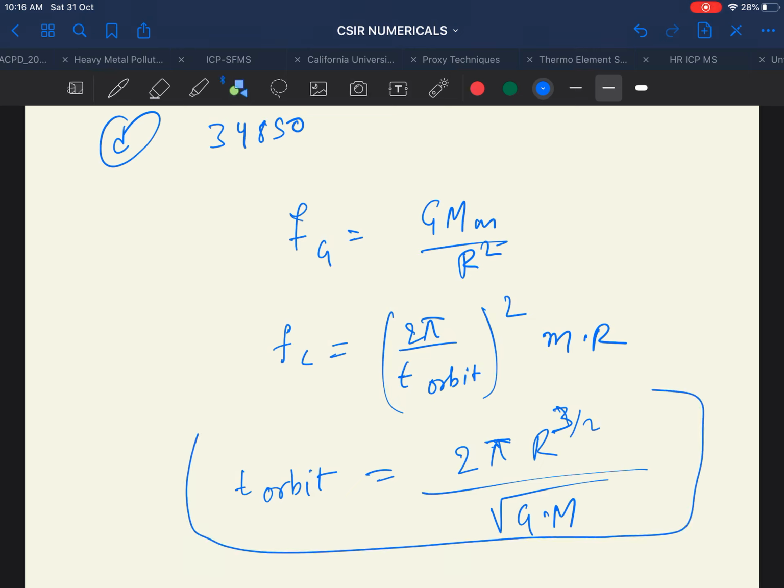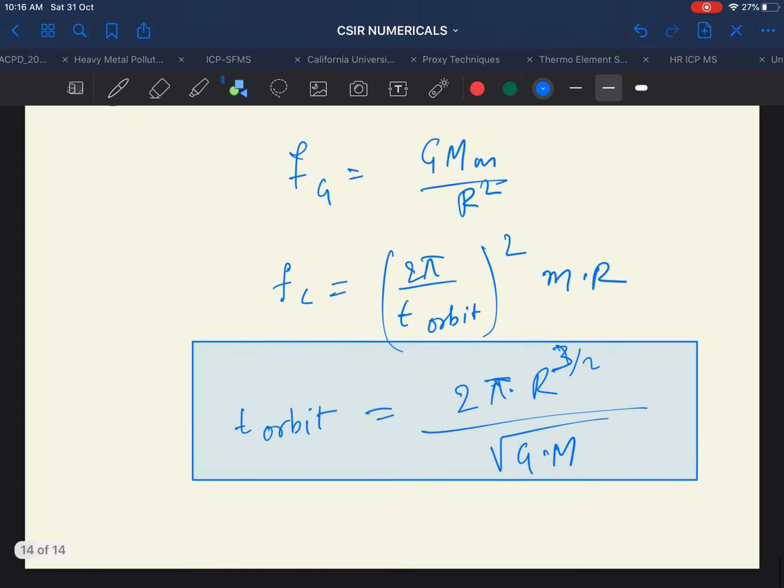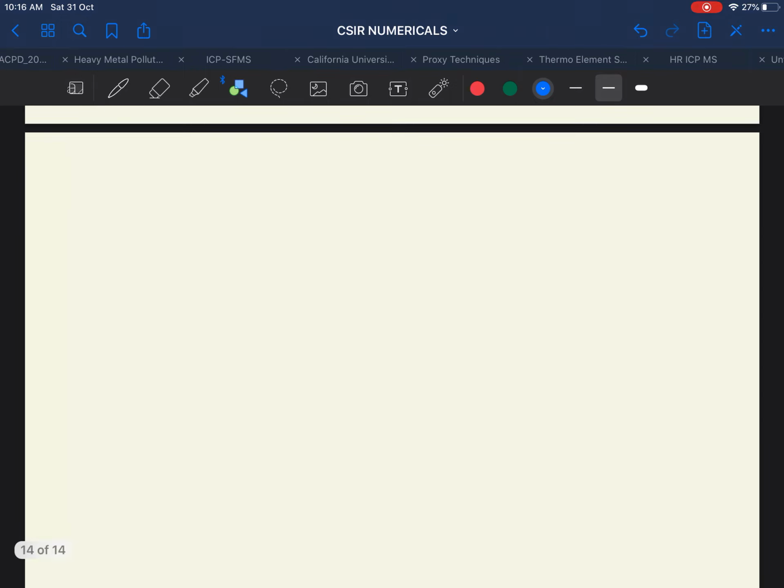This is the formula. Now we use this formula to find the answer to this question. So let's solve it. Solution.